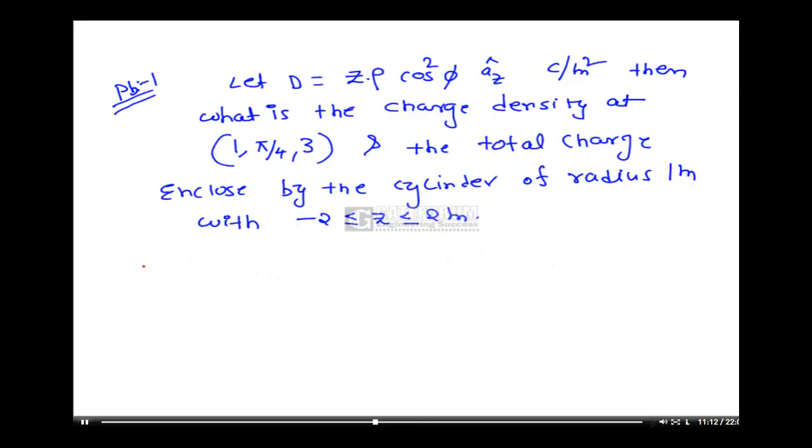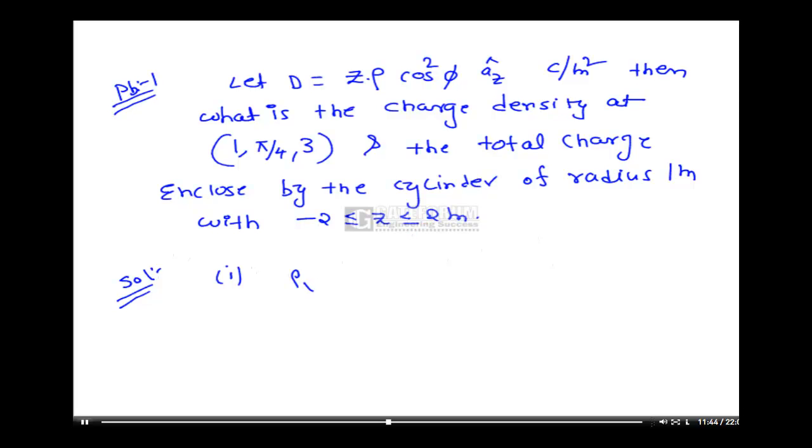So how to solve this problem? Here we have to solve for two questions. The first one: D is given as z rho cos square phi, in terms of cylindrical coordinates. What is the charge density at 1 comma pi by 4 comma 3? The charge density here is the volume charge density, since a cylinder and its radius are given.